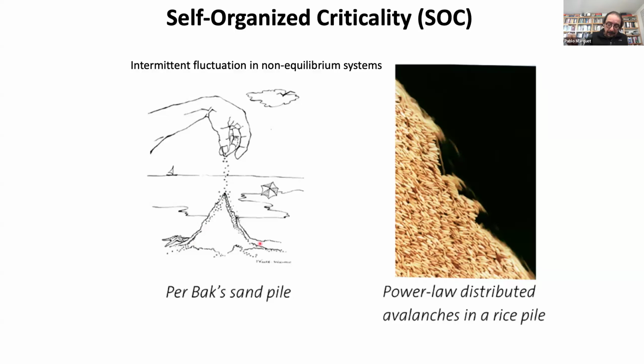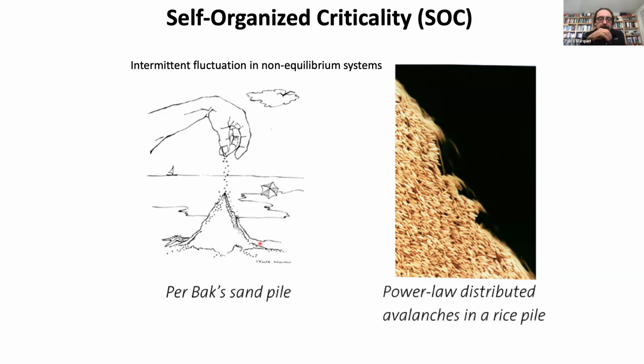When you start building a little sand pile and keep pouring grains of sand, eventually there will be a critical slope where avalanches of sand show up, and those avalanches follow a particular statistical law, which is a power law distribution.